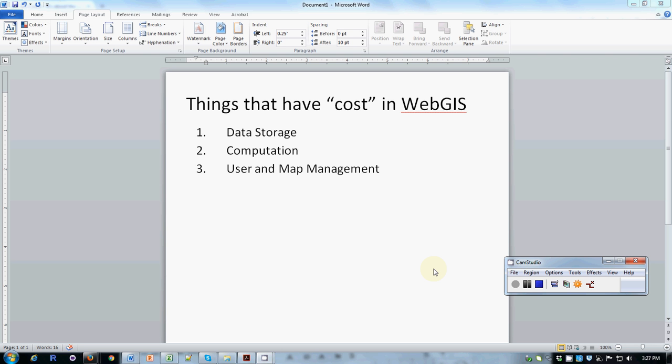As you saw in the ArcGIS Online management video, it is possible inside of a well-licensed, well-supported, well-funded, so to speak, WebGIS system to have users that can only see certain maps, have certain maps that are public, have maps that are only available to their authors, etc. So giving users privileges and putting restrictions on maps and data sets is usually something that is regulated and is only available to people who have paid for their WebGIS service in some way.